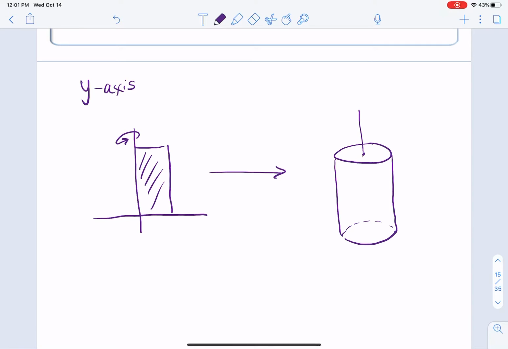And if I put in the radius up here and the radius down below, then there's the rectangle that I would have rotated to generate that solid.